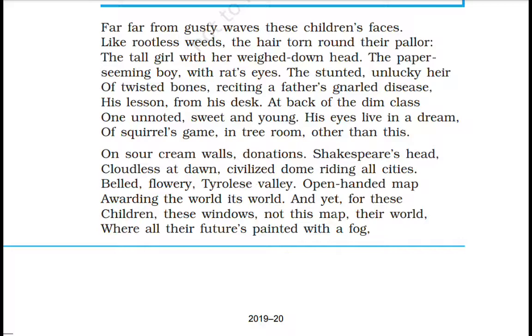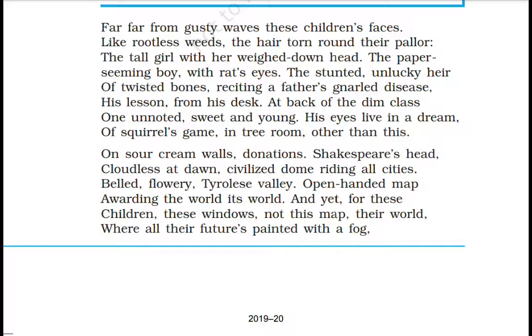Now the poet says that he is the unlucky heir of twisted bones, reciting a father's gnarled disease, his lesson from his desk. The child is reciting a lesson standing at his desk, and generally what do children inherit from their parents or grandparents? The privileged children, the rich children, the children who live in the civilized world, they generally inherit wealth, health, money.